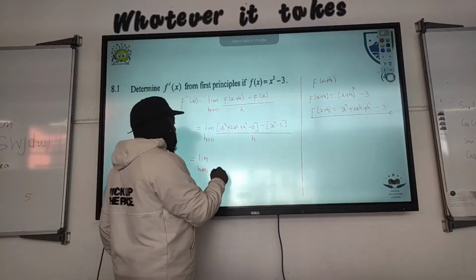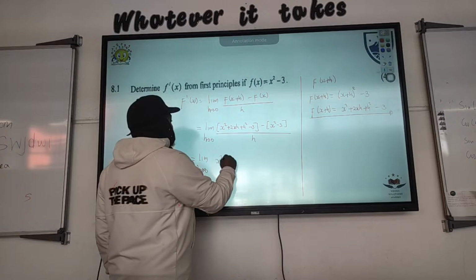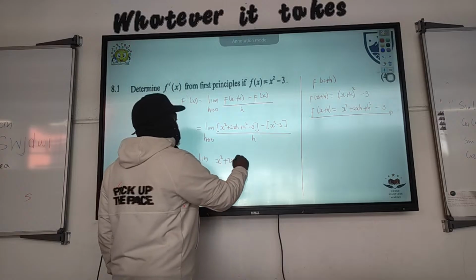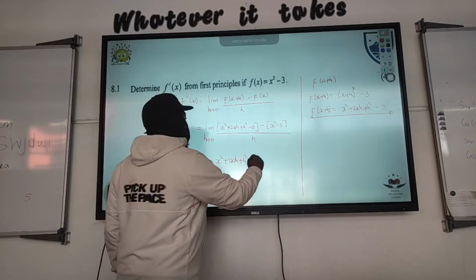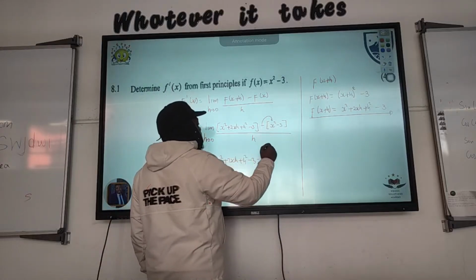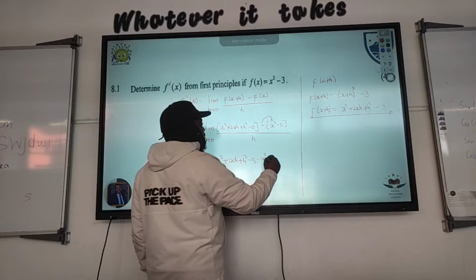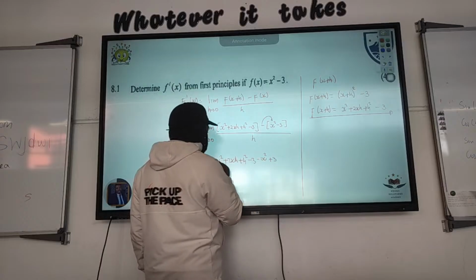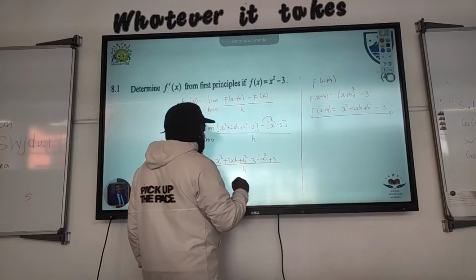And then when we remove the brackets, this will be x squared plus 2xh plus h squared minus 3 minus x squared, because I multiplied this by a negative, and then plus 3, all over h.